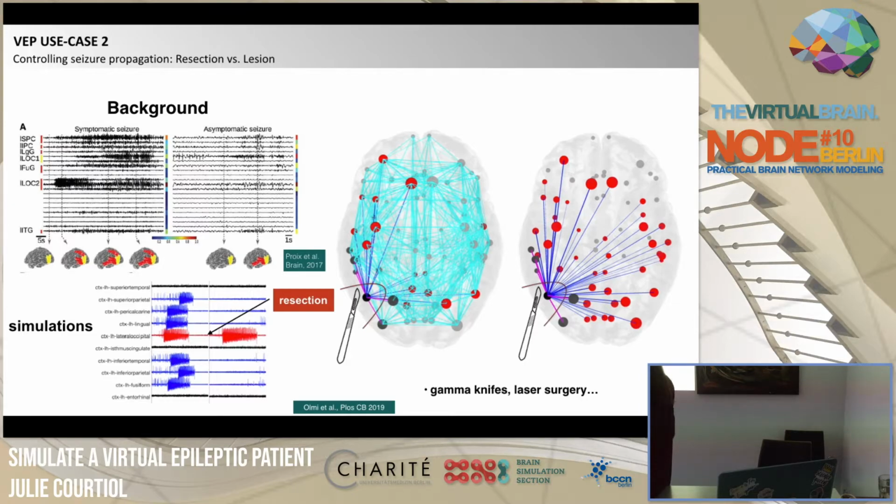So what we want is to stop this propagation, so cut this connection. Either, as in the surgery, we remove completely the epileptogenic zone, or we can also just cut the link between the nodes with gamma knife or laser surgery.